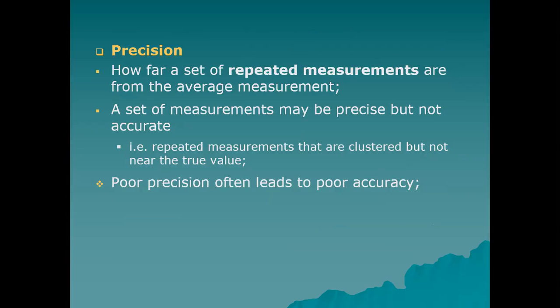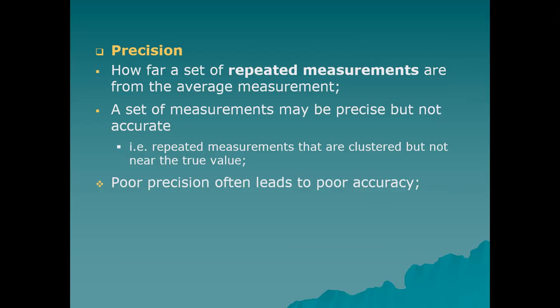How far a set of repeated measurements are from the average measurement, right? So if you have a set of measurements and you have large variations in those values, it means then that you have low precision, all right? And precision is often a reflection of accuracy.